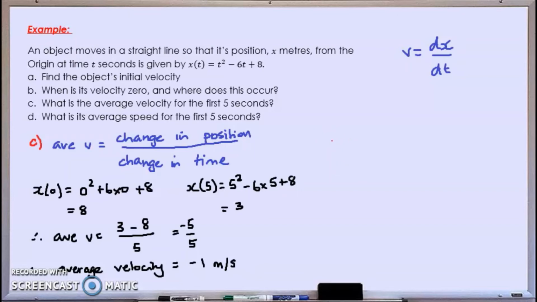So for the average speed, I need to look at the total journey of this object and find out exactly how far it went. Now we know that the object turns around at some point in time. If I were to sketch this relationship, t squared minus 6t plus 8, I would see that there's a turning point. So let's have a look at what that looks like.